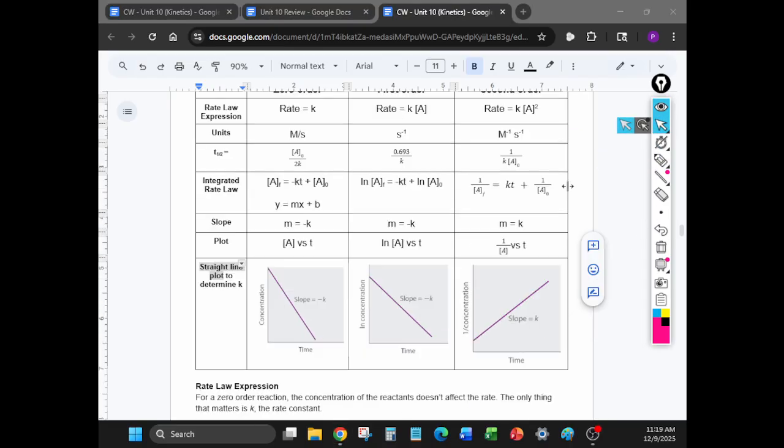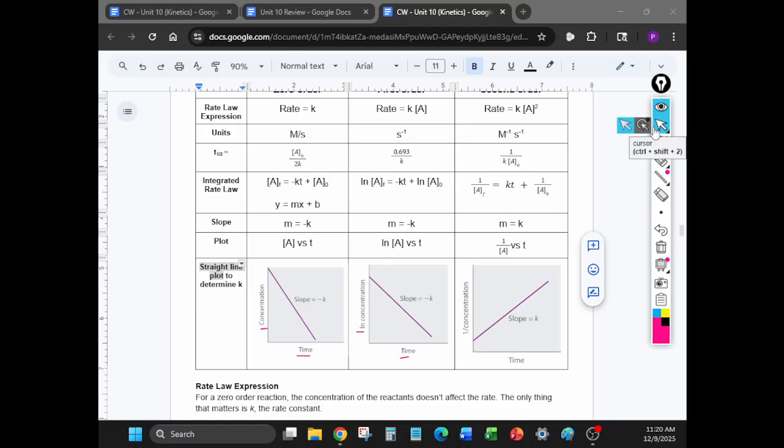So for a zero order, when you plot concentration versus time, you get a straight line. For a first order, if you plot natural log of concentration over time, you will get a straight line. And 1 over concentration gives you a straight line for second order. Okay, that's what that means.